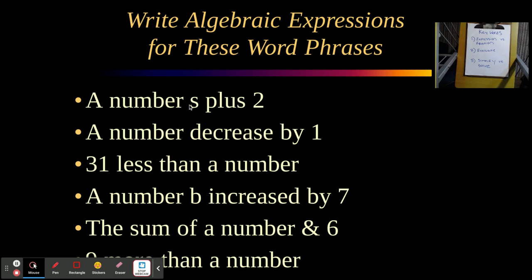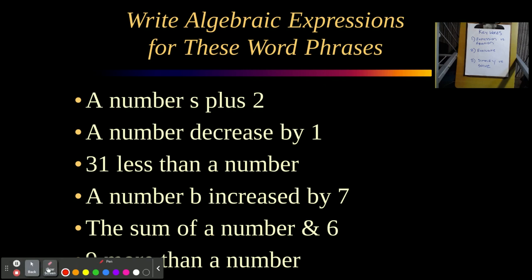So it says a number S plus 2. So you're going to write S plus 2. They're telling you the letter. You can't write any letter that you want on that one. And that would be the answer to that one. That's supposed to be a 2 right there.